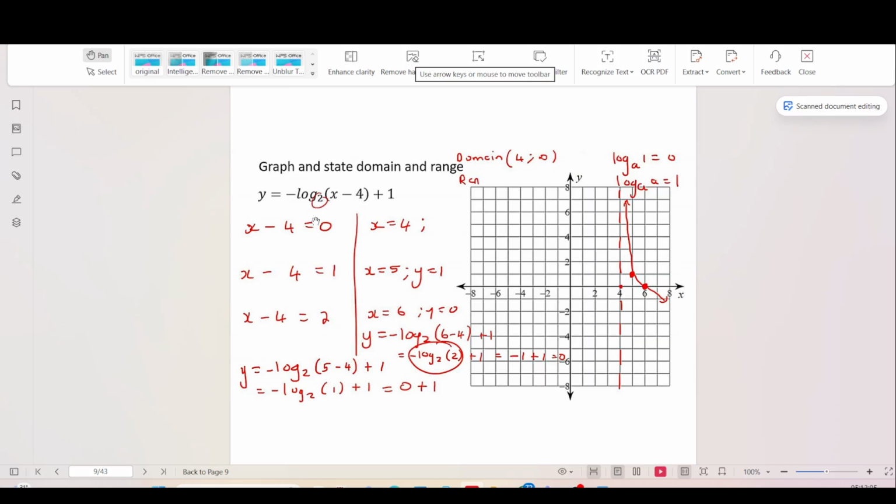But suppose you put 6. 6 minus 4 is 2, so negative log base 2 of 2. Log base 2 of 2 is 1, but you have to put the negative outside it. So this will become negative 1. So yes, you have to consider the negative.